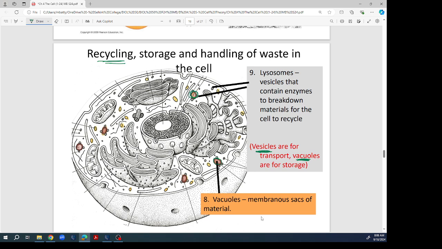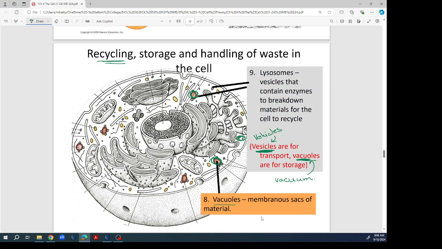These are just artist renderings. They're really just all little blobby bits. But the key thing here is that we can have vesicles for transport. They're like vehicles. I know that they're not, but that's the way I remember it. And I store my vacuum in the closet. So to keep those two similar words apart in my head, this is my memory device.